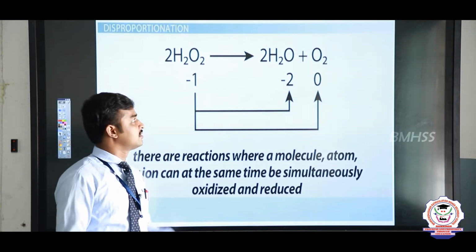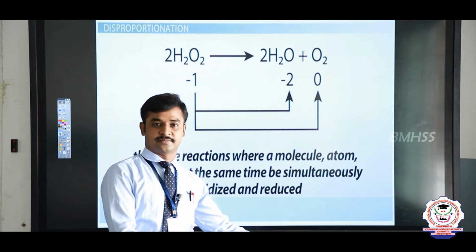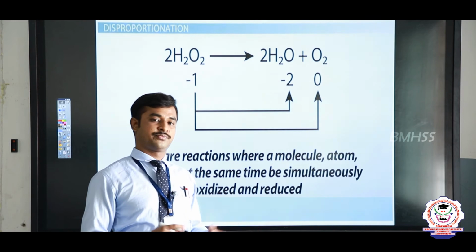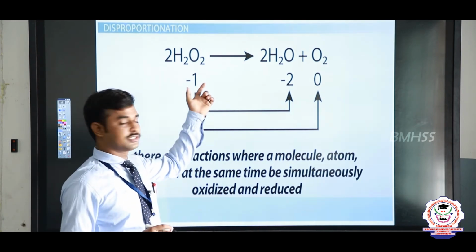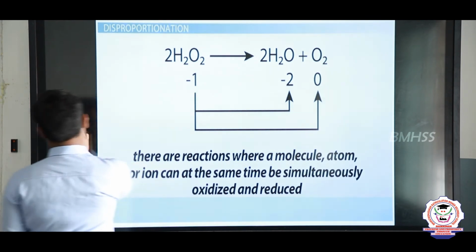Hydrogen peroxide is decomposed into water and oxygen. See this reaction. In this reaction, water molecules and oxygen are formed, in which we need to find the oxidation state of oxygen.